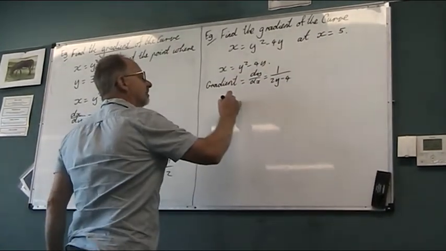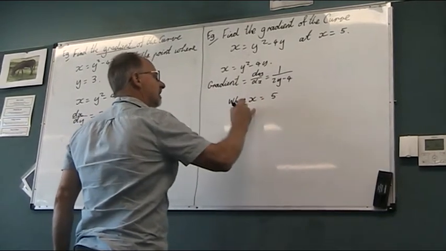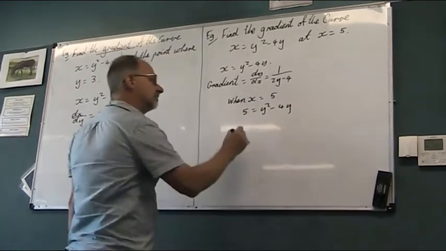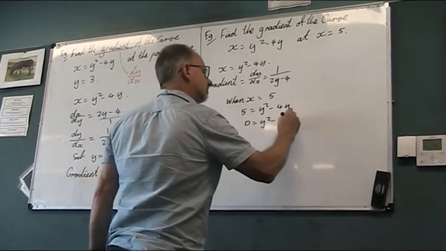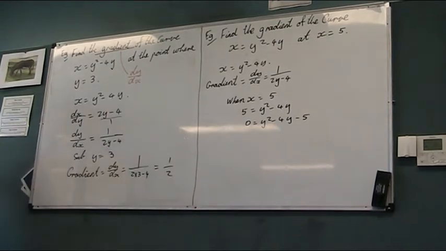Alright, so when x equals 5, then we've got 5 equals y squared minus 4y. So we then take 5 and we get y squared minus 4y minus 5. Then what are we going to do?